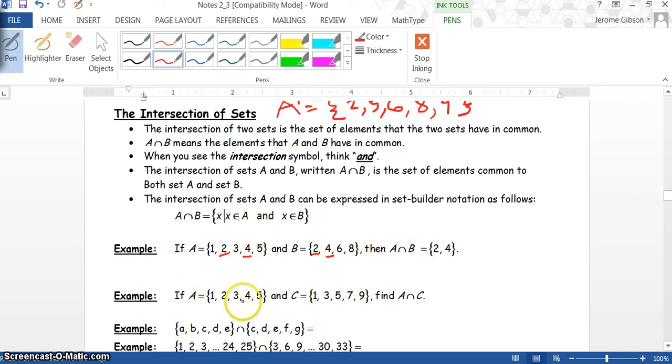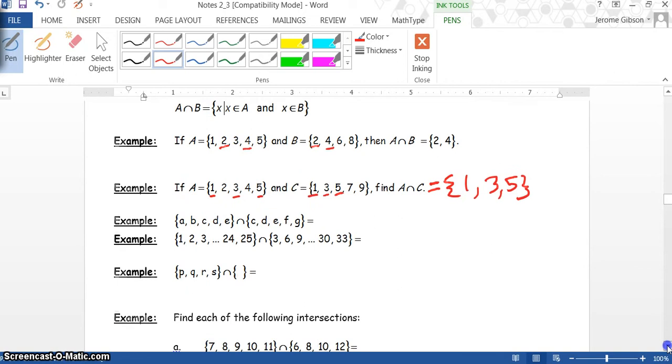If A is equal to 1, 2, 3, 4, 5, and C is equal to 1, 3, 5, 7, 9, find A intersect C. We look at all the elements they have in common. They have 1 in common, they have 3 in common, and they have 5 in common. So this set would be 1, 3, and 5. And that would be your A intersect C.